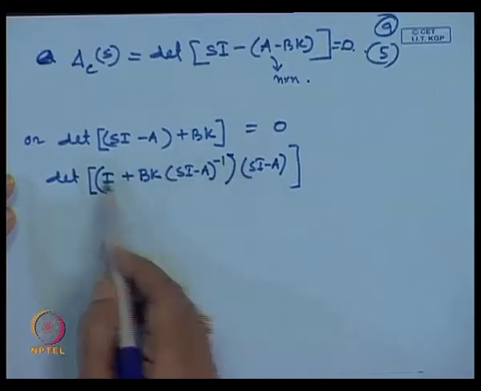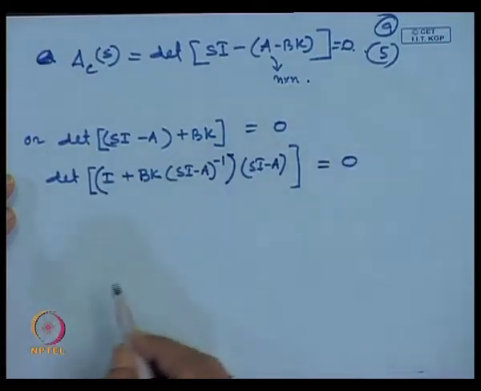So it is B k, and this will be s I minus A. So it will remain the same.